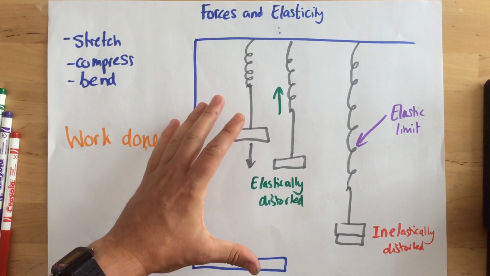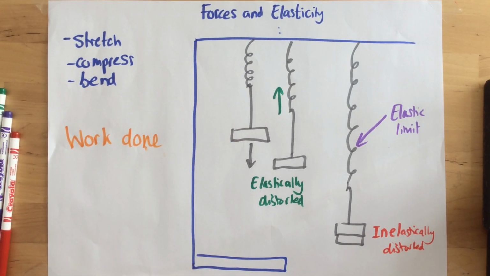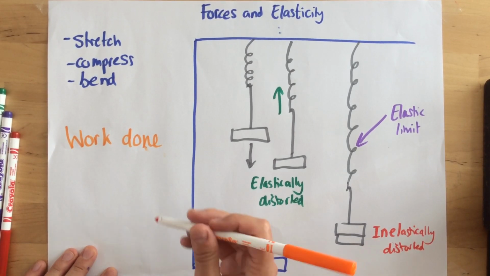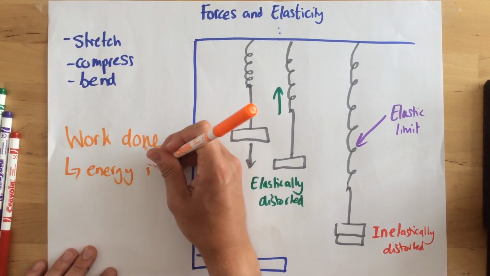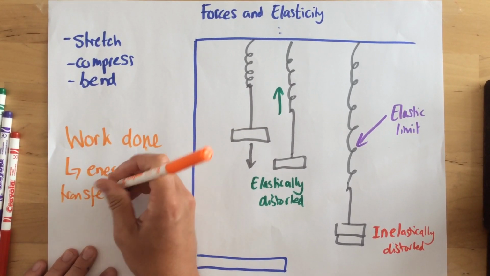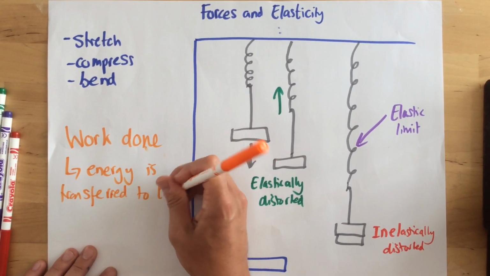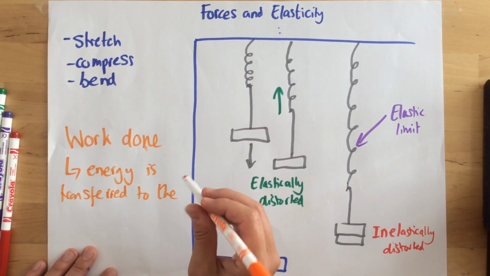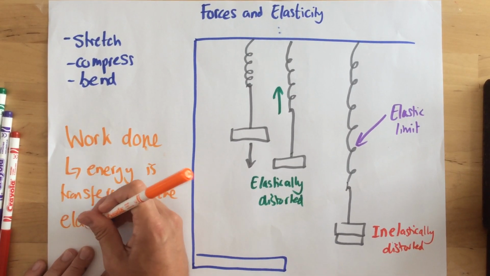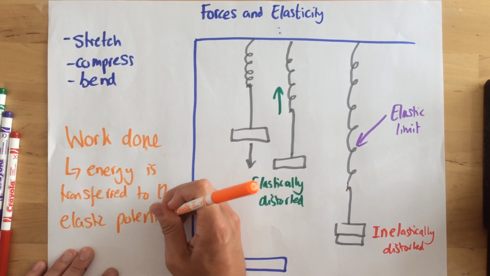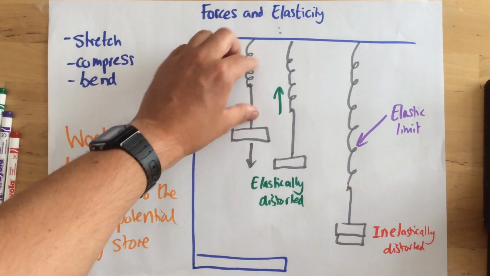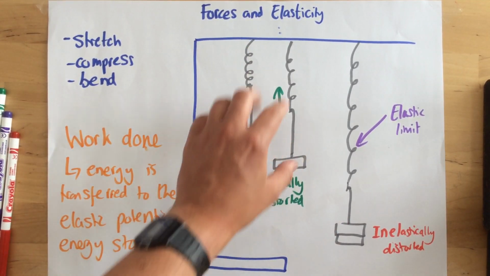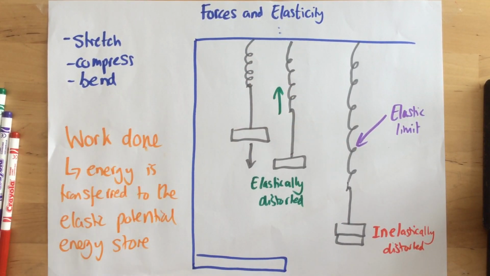So when a force stretches or compresses an object, energy is transferred to the elastic potential energy store. So whenever we have any of these weights applied to this spring, we've got this idea of work being done, so energy being transferred.